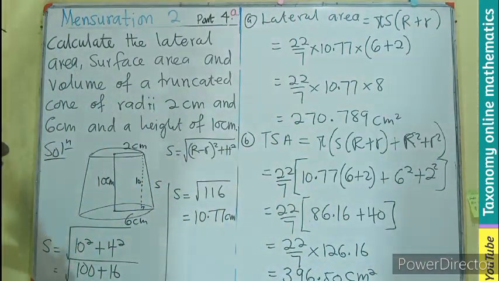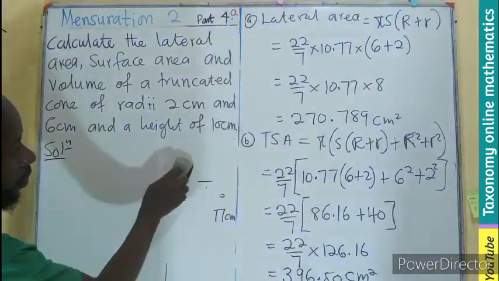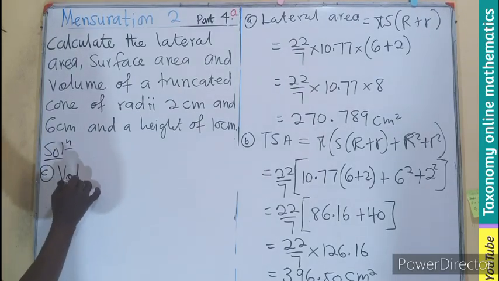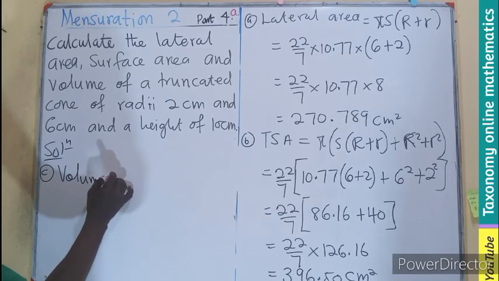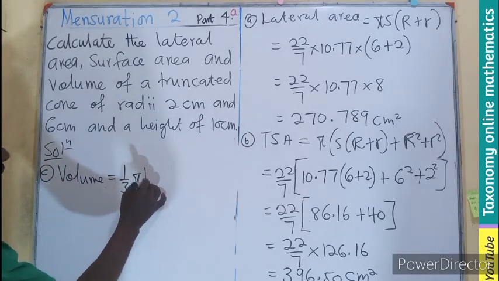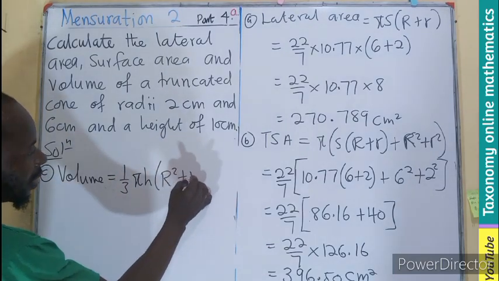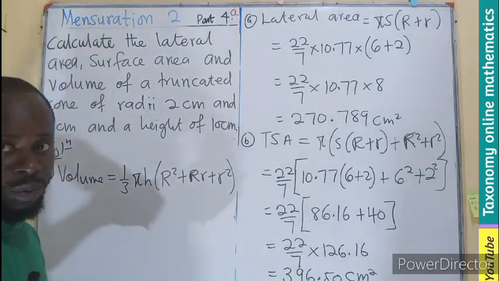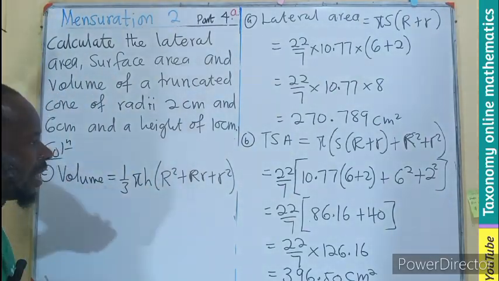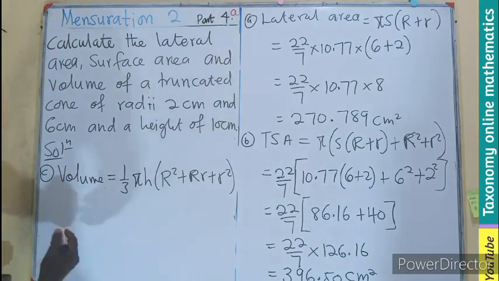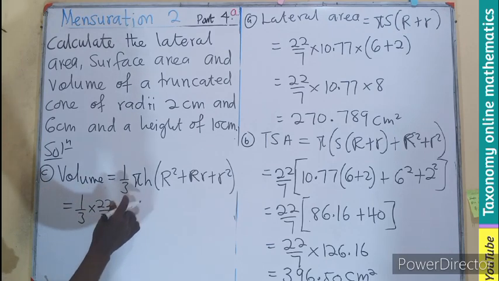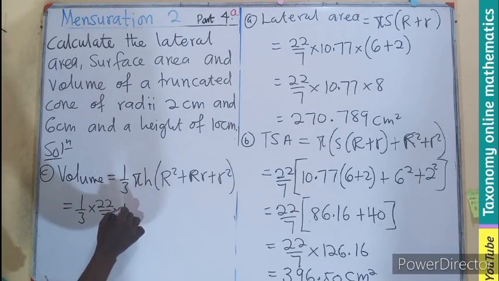Then the last one will be the volume. C will be the volume of a cone or truncated cone. Let's just say volume is equal to 1/3 pi h times R squared plus R r plus r squared. I'm only quoting the formula. We derived all the formulas in the previous episode. So this will be a substitution of 1 on 3, 22 on 7. The height is 10.